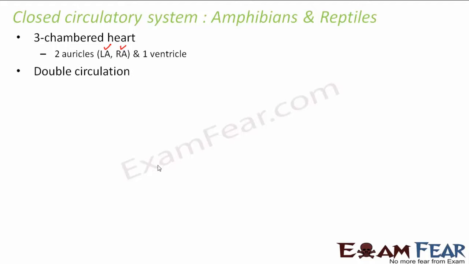So let us look at how circulation takes place in case of amphibians and reptiles. Let us suppose we denote the different body parts. Which is the respiratory organ in case of amphibians and reptiles? They have lungs. So let us suppose this is the lungs, this is the body, and this is the heart.